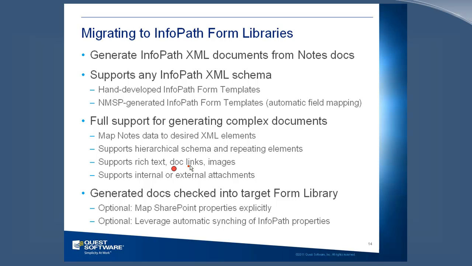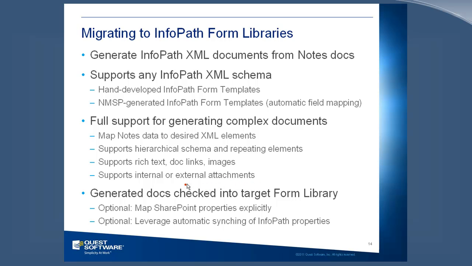And that rich text could even have embedded images in it and doc links and so on. So we support all the features that you would expect from the demos you've seen before, to work in InfoPath, and they do. For attachments, you actually have a choice. You can either encode attachments internally in the InfoPath document, or you can make them external, and we can give you links from the InfoPath document to the attachments that you put in some other document library.